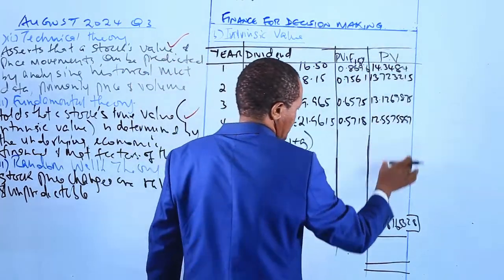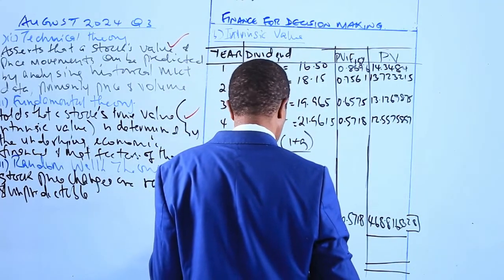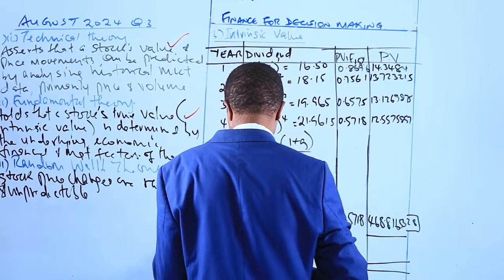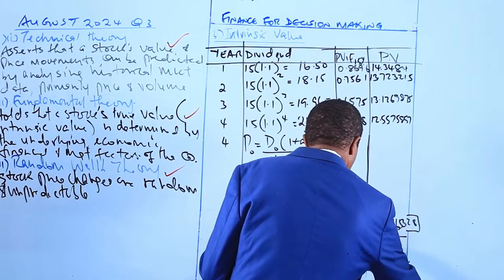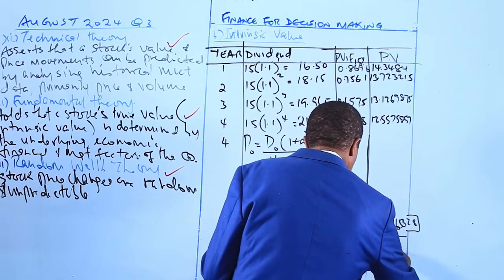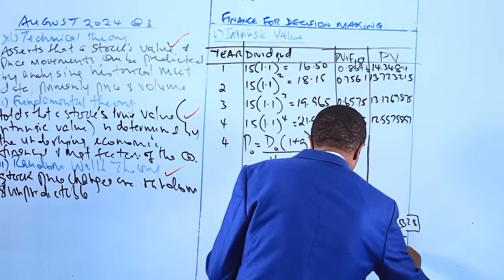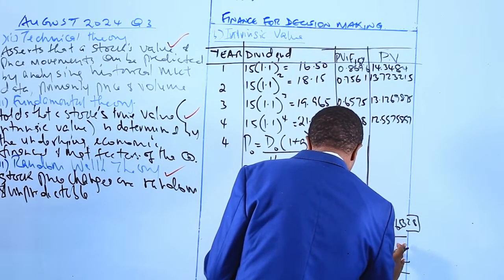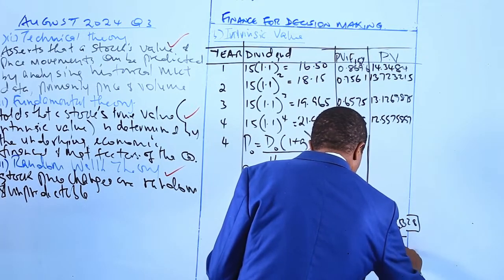So we sum all the present values to get the value of this dividend. So we're going to get the intrinsic value here by adding all these present values. So this gives me 522.8.